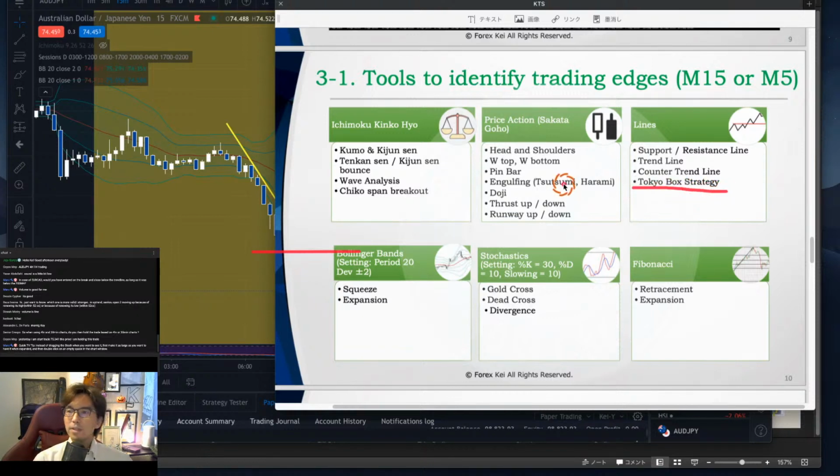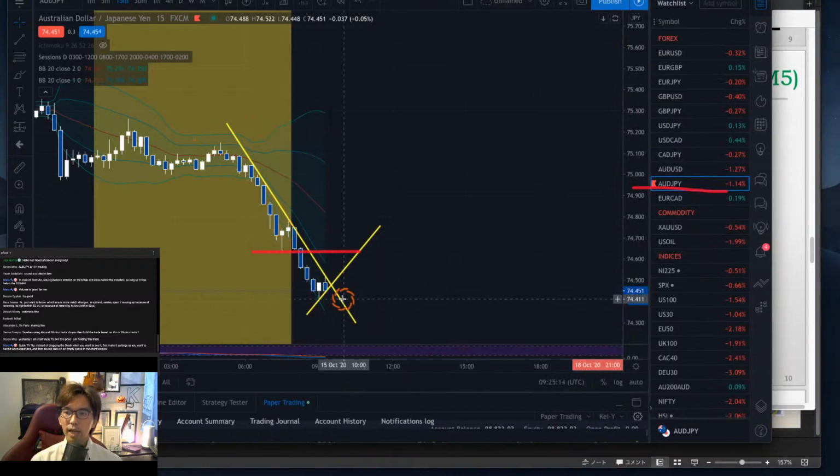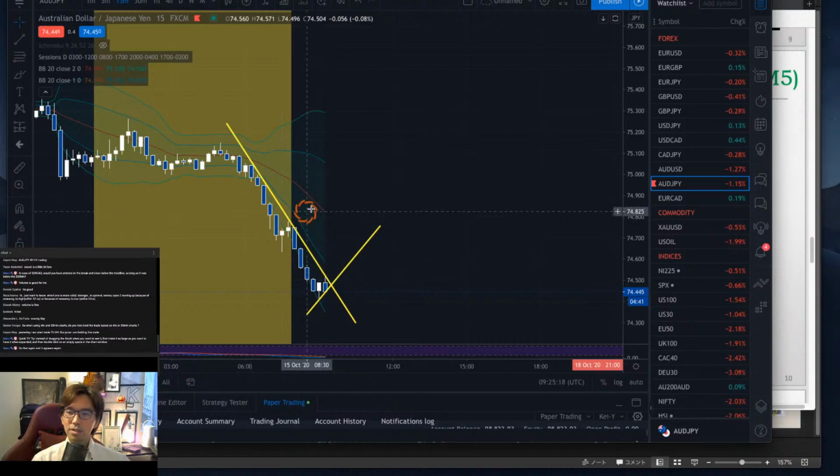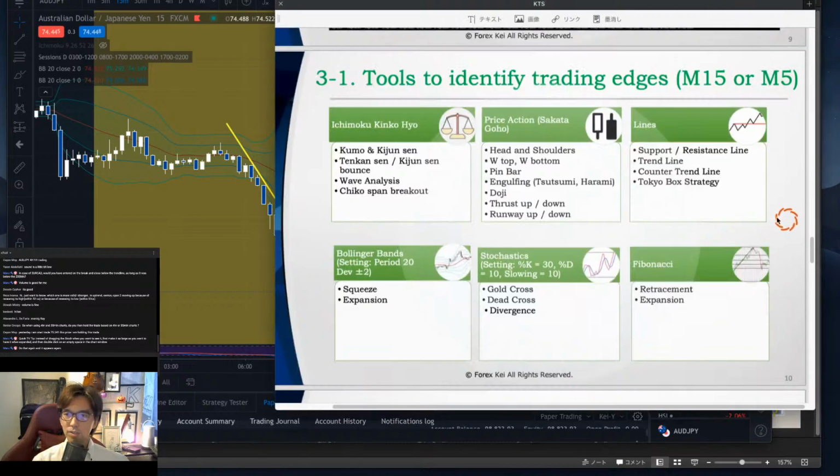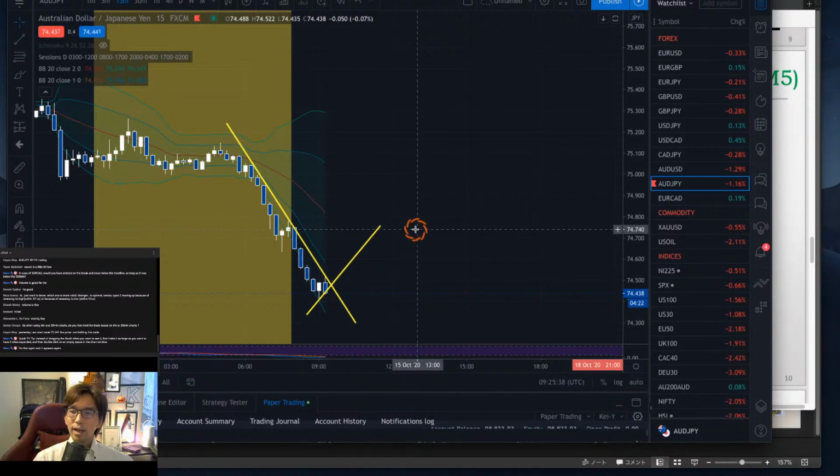And in terms of the price action, I don't see anything right now. This is just sloping down the price, and I don't see any engulfing, pin bars or any thrust right now. There's no double bottom yet or head and shoulders yet, so we cannot use these candlestick confirmations. And as we saw with the Ichimoku lines, the current price is below the Tenkan Sen, below Kumo, below Kijun Sen, and Chikou span is below the candles.